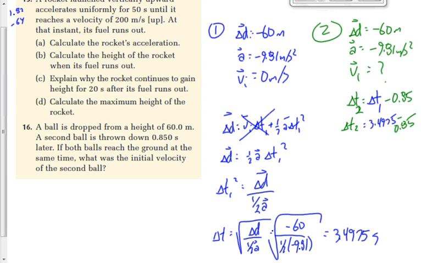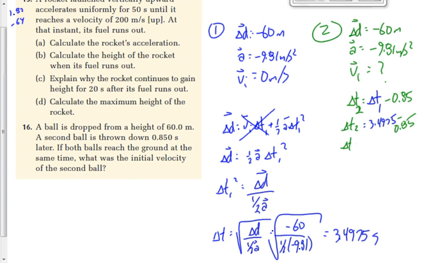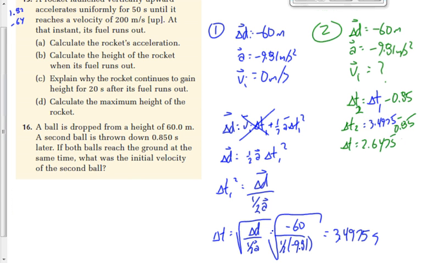Let's get that value. 2.6475. So look at this. We've just found out how long ball number 2 falls for. 2.6475 seconds.